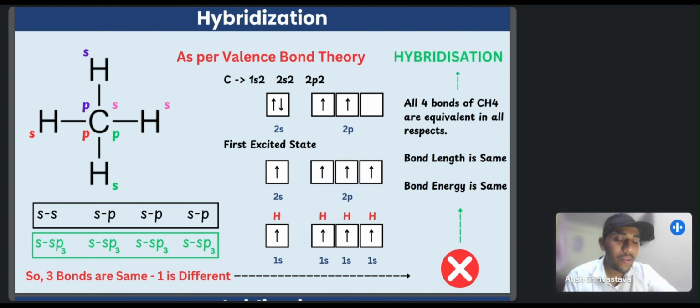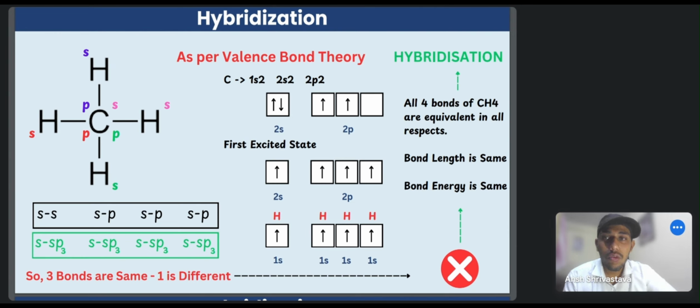This observation leads us to a problem with valence bond theory, and this is where hybridization comes into play. Hybridization explains that the carbon atom actually mixes its 2s and 2p orbitals to form 4 new equivalent orbitals, and these hybrid orbitals are called sp3 orbitals. So instead of 3 p bonds and 1 s bond, we actually have 4 equivalent sp3 hybrid orbitals.